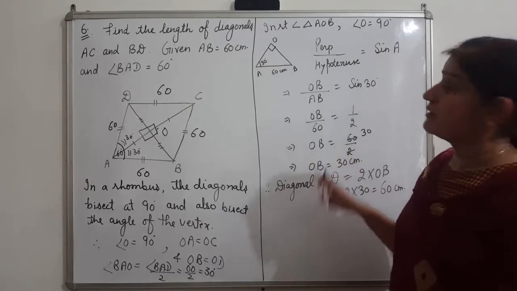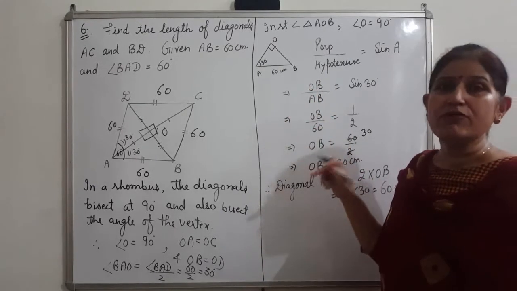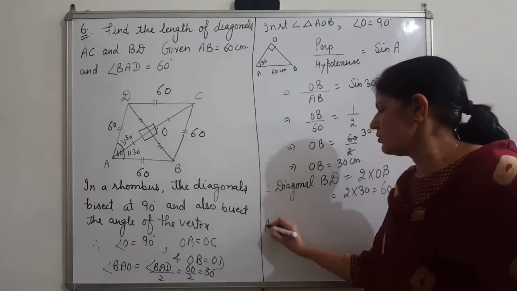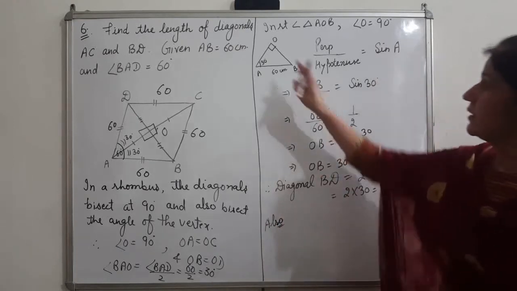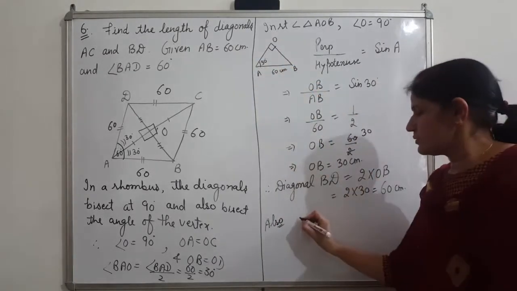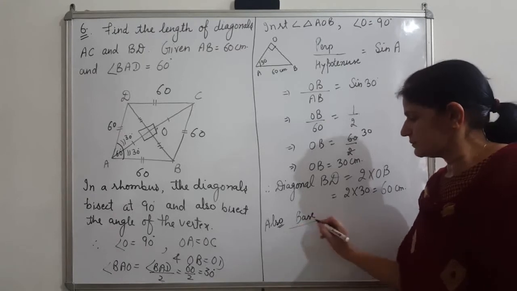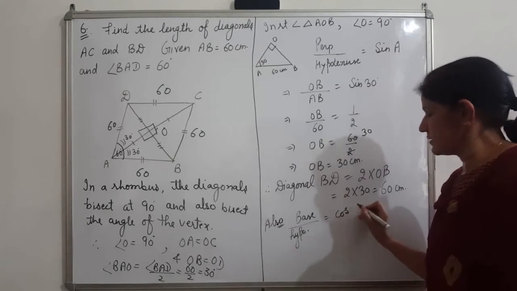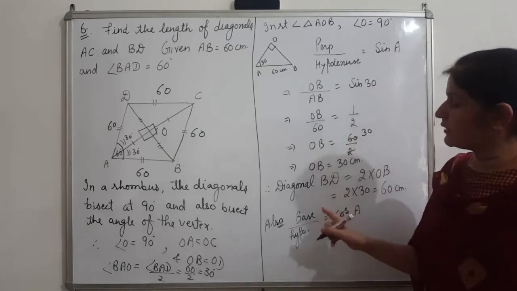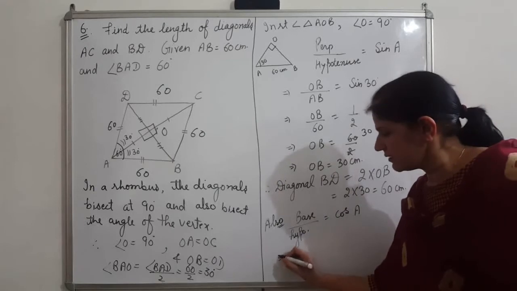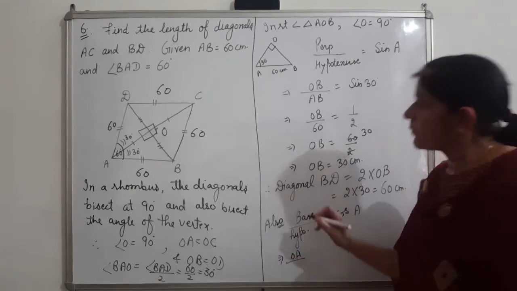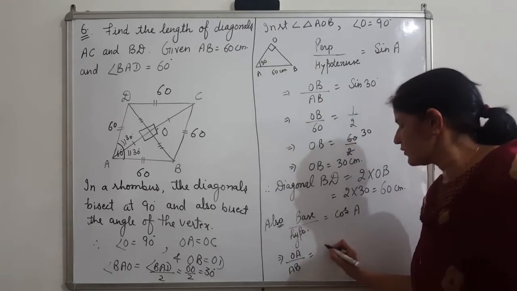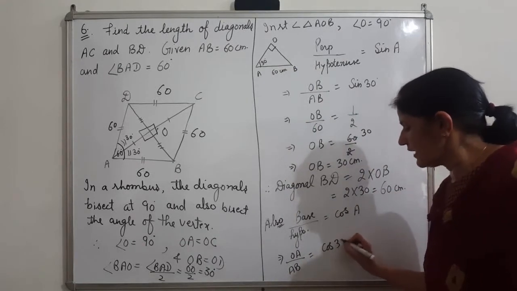Now we have to take the same triangle to find the length of the other diagonal. Now also, base upon hypotenuse is equal to cos A. Again we substitute the value. What is base? OA upon hypotenuse AB is equal to cos 30 degree.